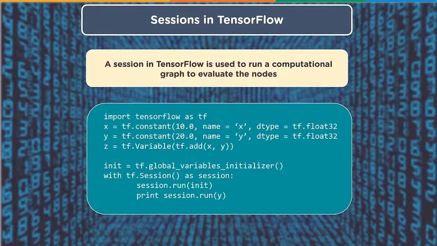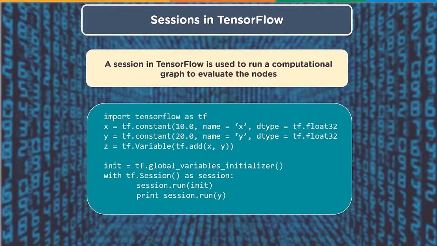And then you, of course, have sessions in TensorFlow. A session in TensorFlow is used to run a computational graph to evaluate the nodes. And remember, when we're talking about the graph, we're talking about all that information going through all those arrows and whatever computations they have that take it to the next node. You can see down here where we have import tensorflow as tf.